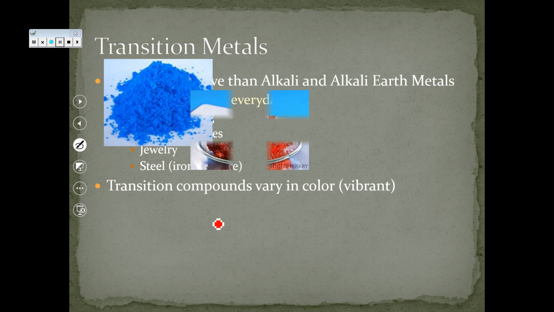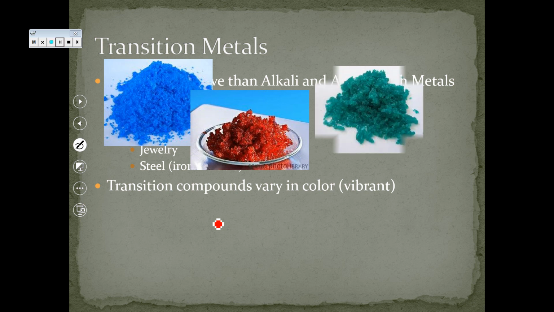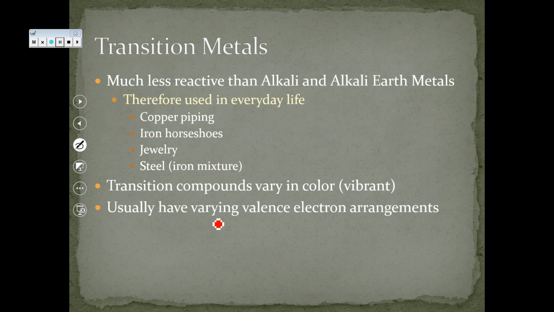So they have a lot of different colors. They usually have varying electron arrangements, so they don't follow the valence electron rule that we learned in the last chapter. The valence electrons have to be given to you in a different way for the transition metals. And that is where we will end.